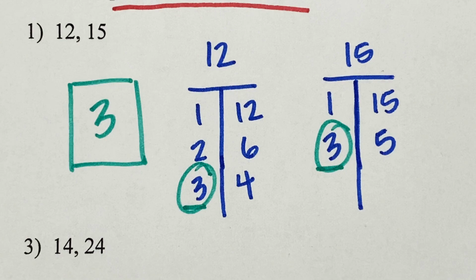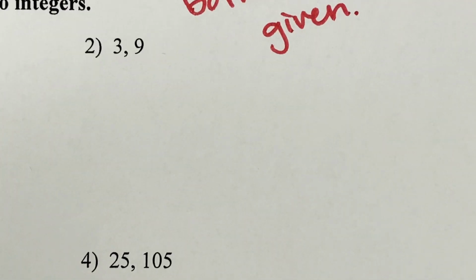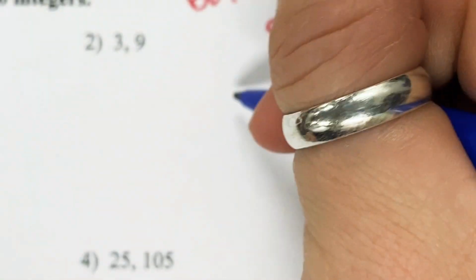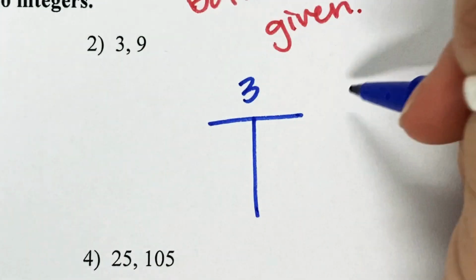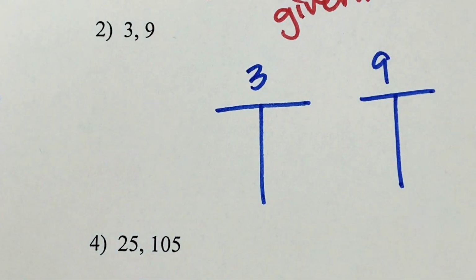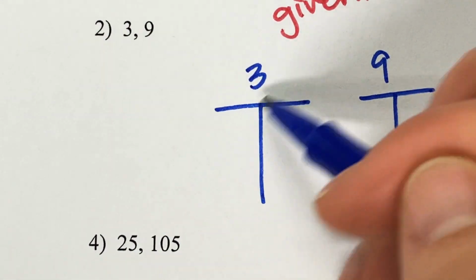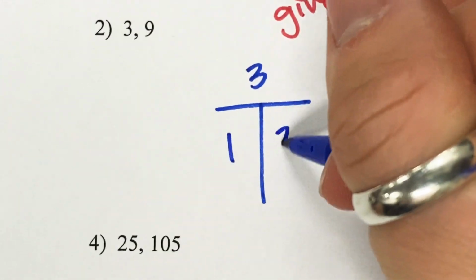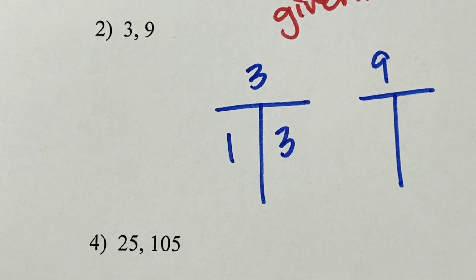Let's do the same thing for number 2. Let's do some factor lists for 3 and 9. So for 3, the only 2 numbers that I can multiply to get 3 are 1 and 3. That makes it easy.